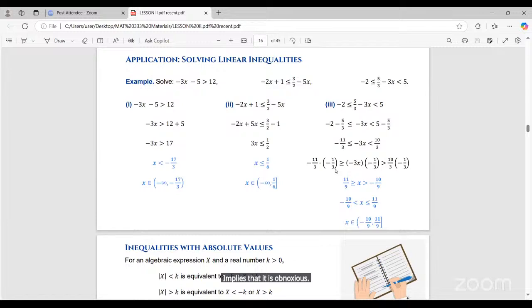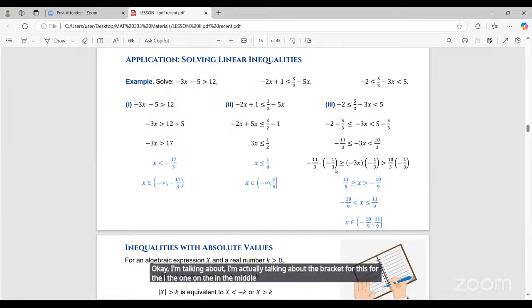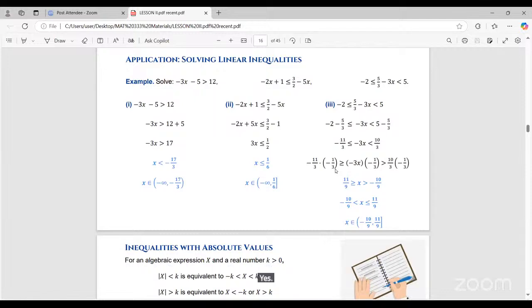I'm actually talking about the brackets, for the one in the middle. The first bracket is a curved bracket, which indicates that it is open at minus infinity. Look at the answer. The answer says x is less than or equal to 1/6.